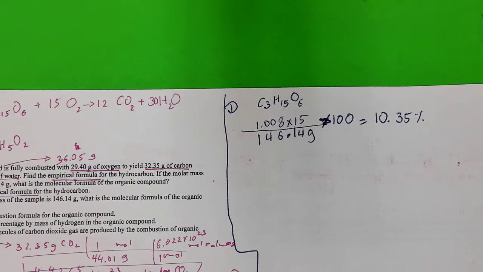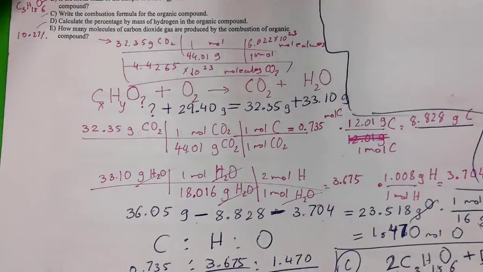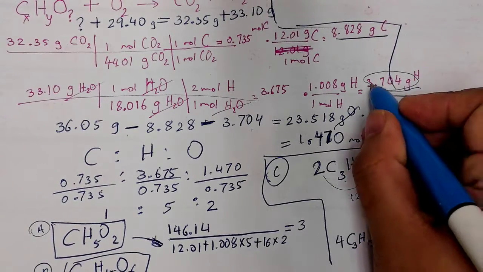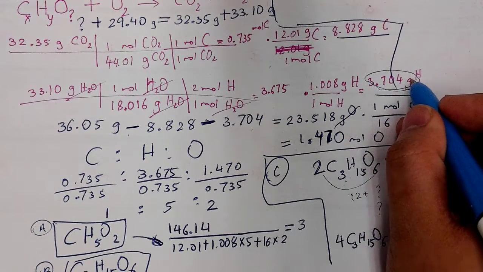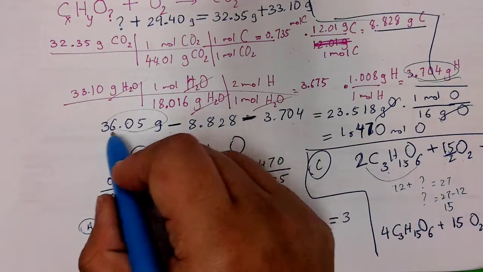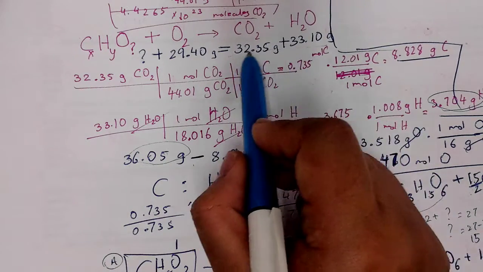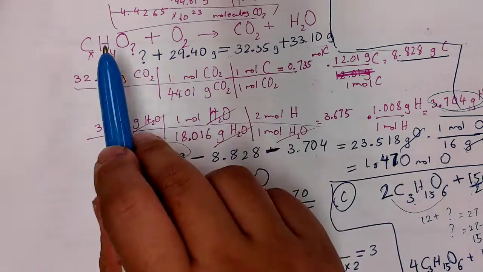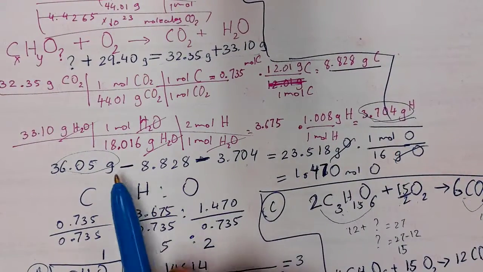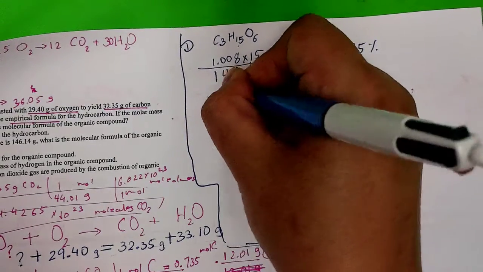Now, let's say you don't want to do this route. You want to do another route. You will notice that earlier we do have the mass of hydrogen right here. And we do also know the mass of the whole thing right here, because remember, this is the carbon dioxide and water minus oxygen, so this is the mass of the organic compound. So you can also do this divided by that. That also should give you the same approximate number.